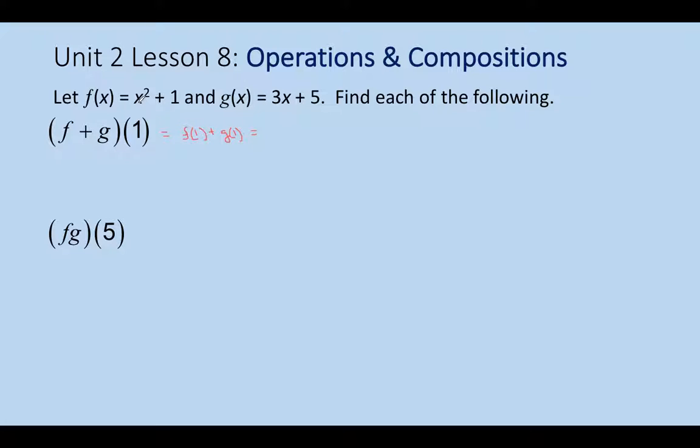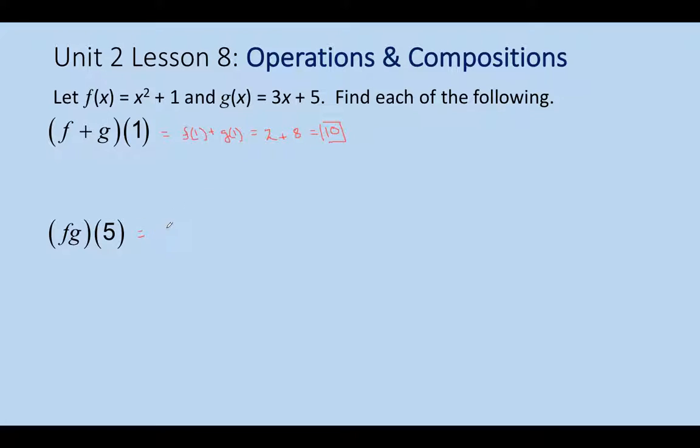Well, f of 1, I'm just going to be plugging 1 in here for x. 1 squared is 1. 1 plus 1 is 2. And then 1 in for x in g of x. So 3 times 1 is 3 plus 5 is 8. So 2 plus 8 is 10. And that's my final answer. F plus g of 1 equals 10.